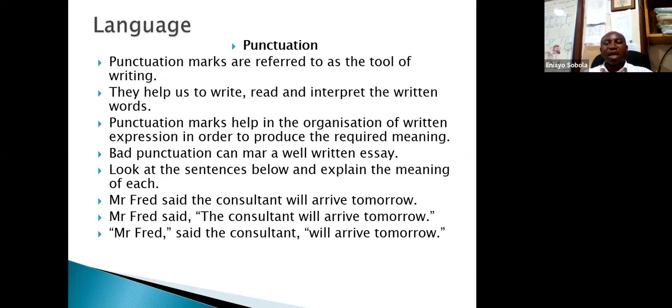So punctuation marks help in the organization of written expression in order to produce the required meaning. Because if they are not well used, your write-up may not supply the expected or required meaning. You can say that bad punctuation can mar a well-written essay. You have chosen the grammar well, done every other thing well, but you make problems with punctuation marks.